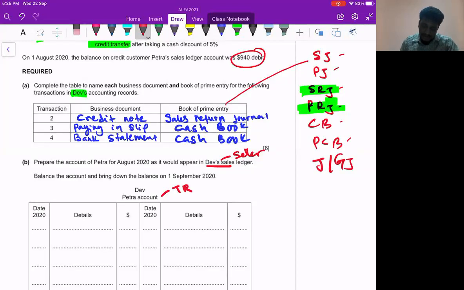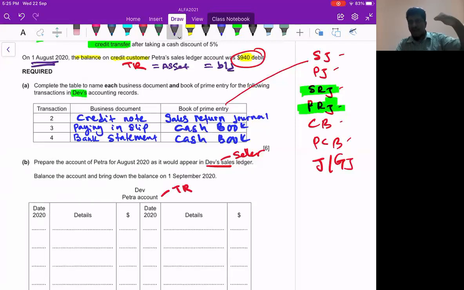Okay, we read carefully. The balance on the credit customer Petra's sales ledger is 940. Credit customer means trade receivable. Trade receivable is my asset. Asset balance b/d on 1st August. Will an asset balance b/d be on the debit side or credit side?